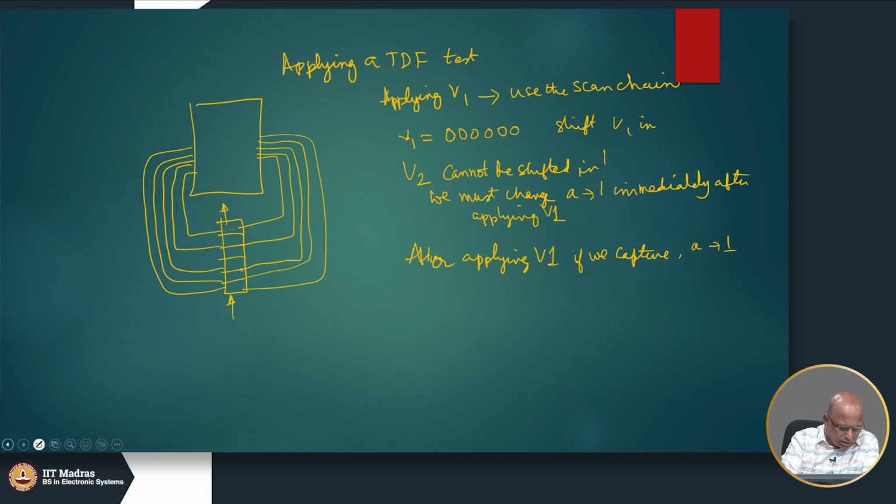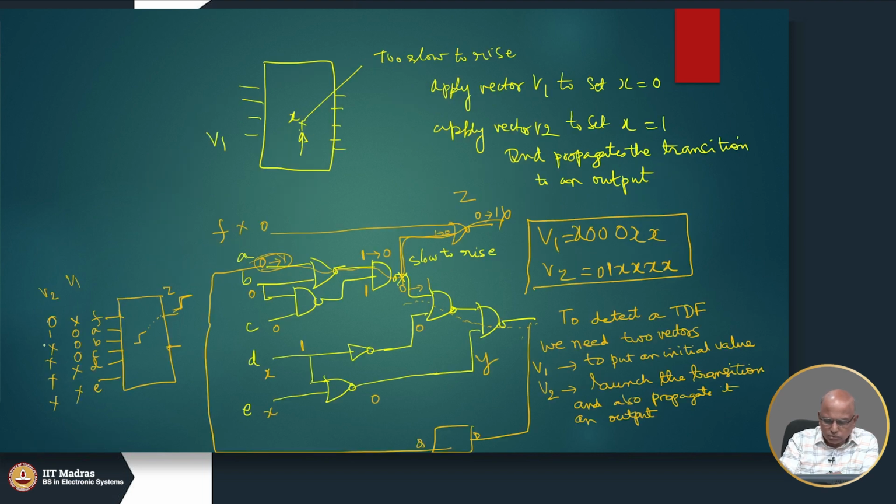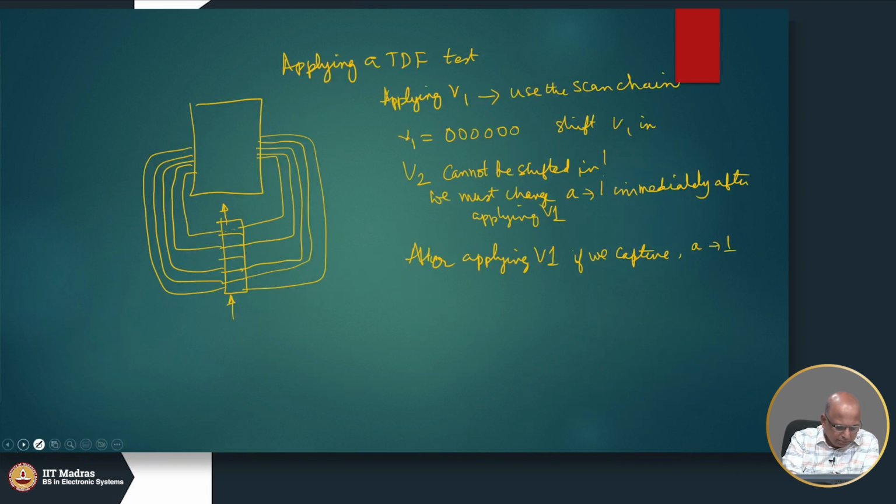We also need to make sure that F is 0. Okay. You also need to make sure that F is 0. I think here I wrote it 0. So, F should become 0. Now, if F is a primary input, there is no problem. Okay, we can make that happen. But if F is coming from some other flip flop, we must adjust that such that F becomes 0.